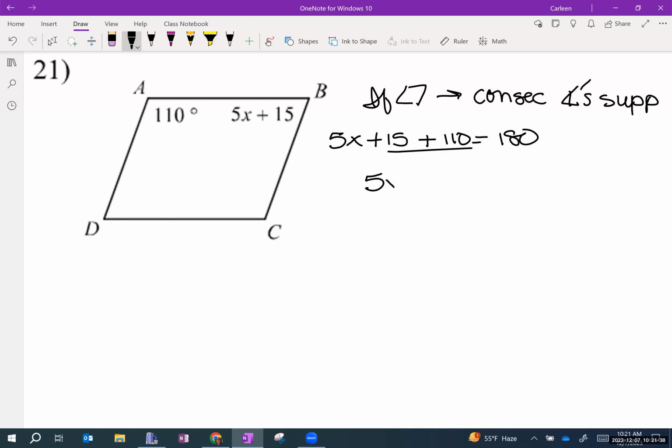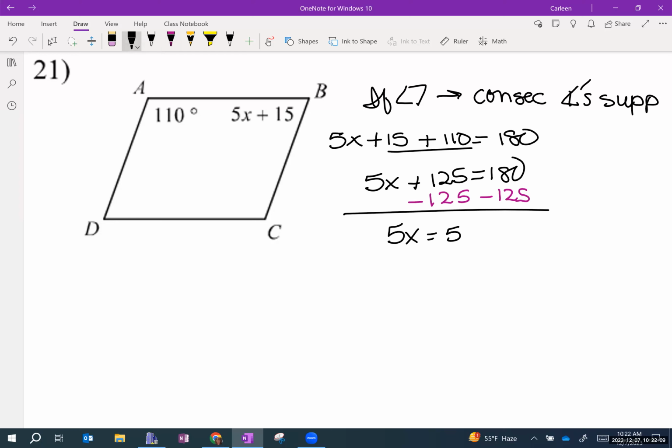Combine like terms, 5x plus 125 is equal to 180. Subtract. Isolate your variable. 5x is equal to 55. Correct. Divide by 5, x equals 11.